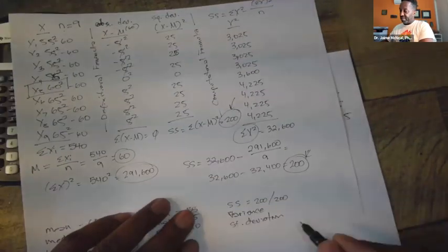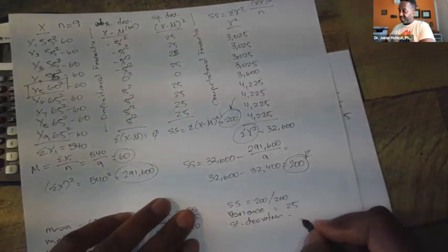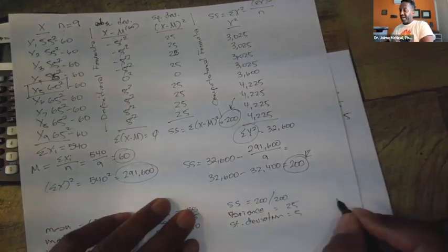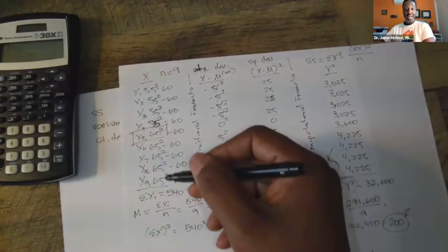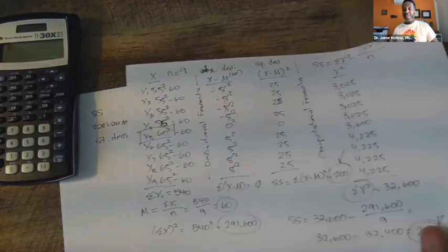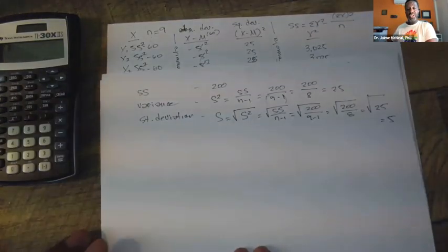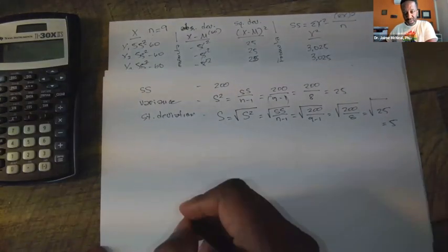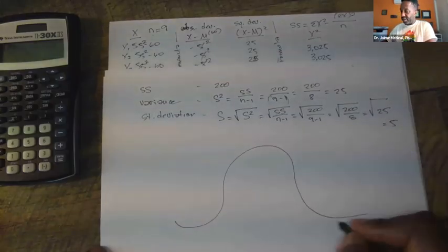So we know that the variance is 25 and the standard deviation is 5. And if you look at this data, you can see that it's varying by 5, which is also the standard deviation. But if we convert this data into a curve, which is really why we're doing this, right?